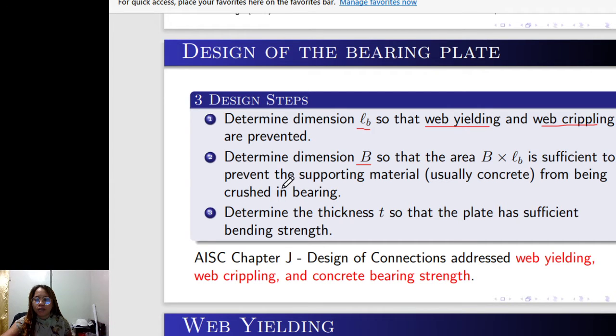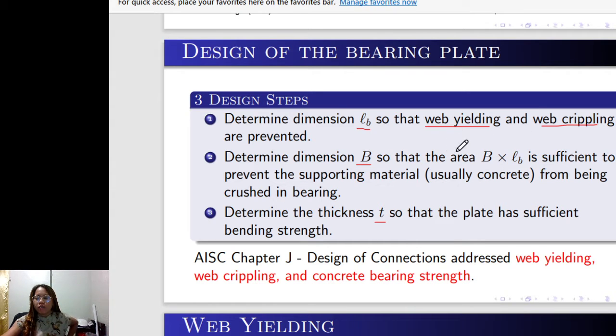I believe you already learned about bearing in your elementary mechanics of materials. And number 3, determine the thickness T of the bearing plate, so that the plate has sufficient bending strength. So the dimension of L sub B is for yielding and web crippling.